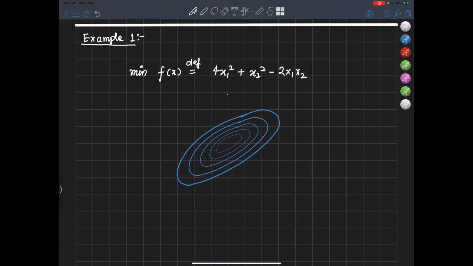Let this be the contour map of the function.